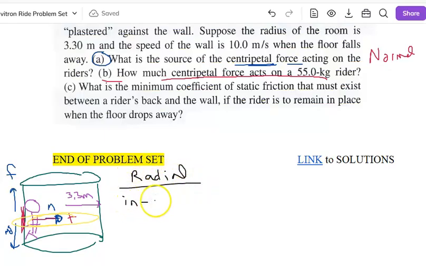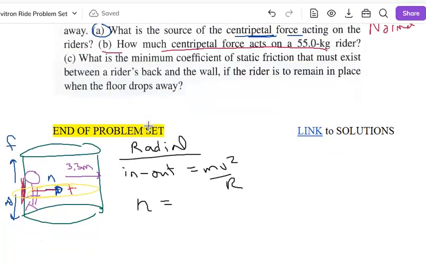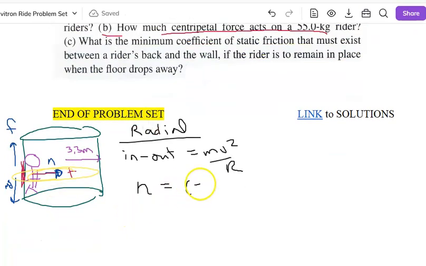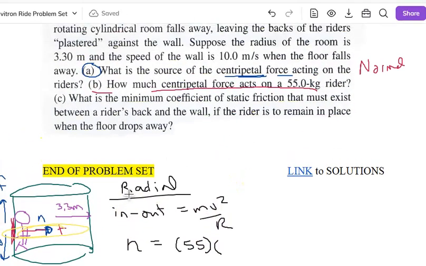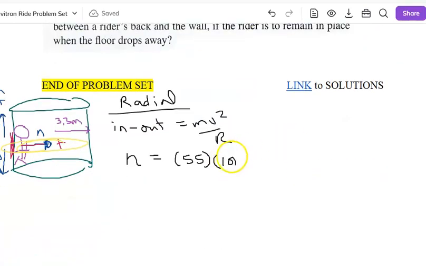And we're going to say in minus out equals mv squared over r. The normal force is in, equals, let's see, m is 55 kilograms, v is 10, and sorry, that's a sloppy 10 squared, and the radius is 3.3 meters.